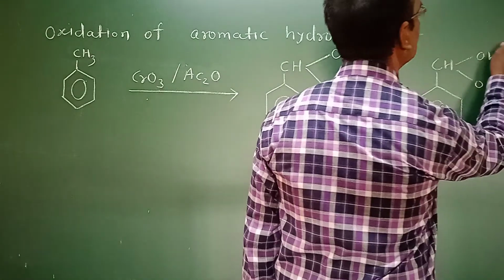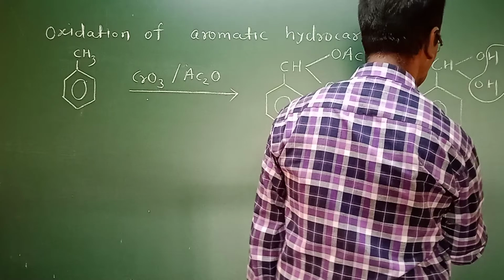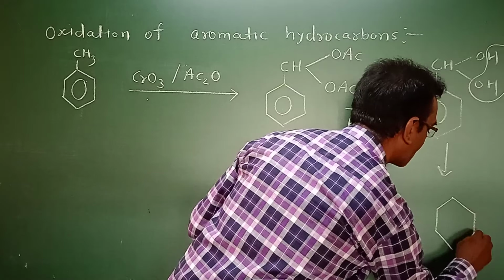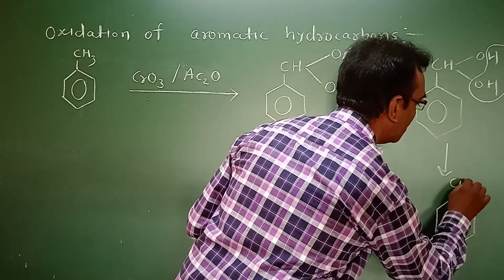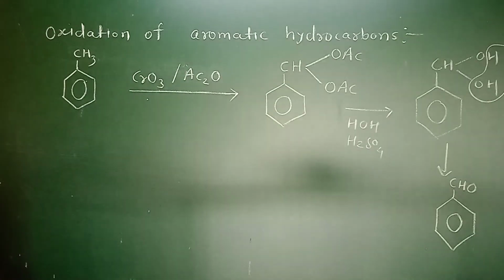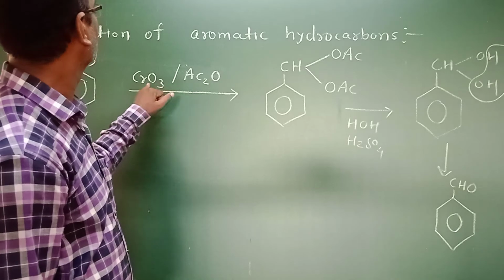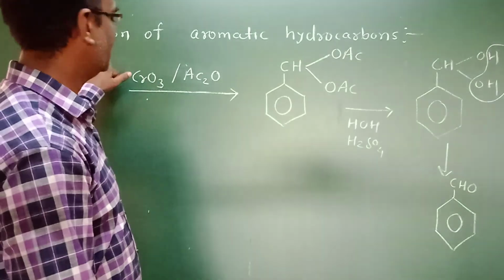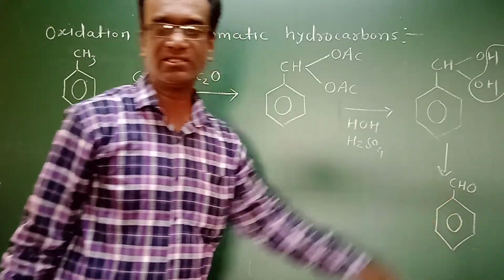It will now remove this H2O molecule and will give the formation of CHO group. Now in this way, the reaction with chromium oxide and acetic anhydride gets completed and the CH3 group gets converted into CHO group.